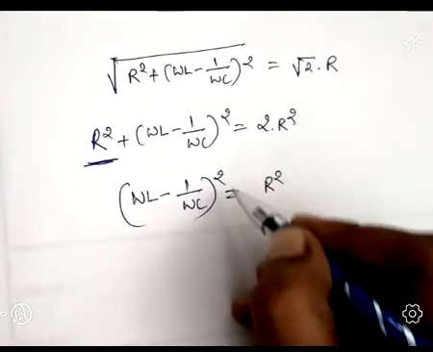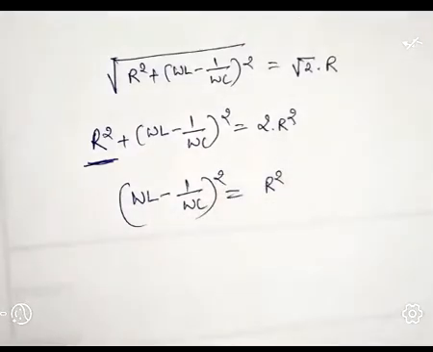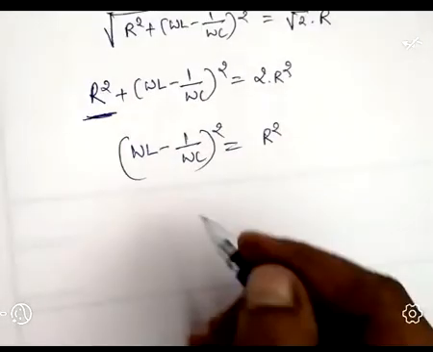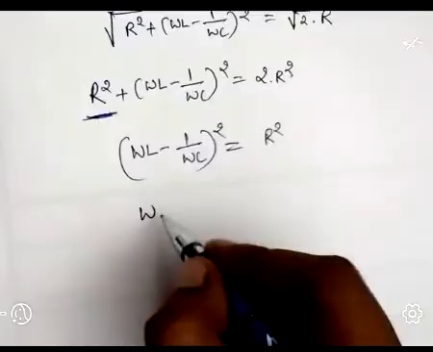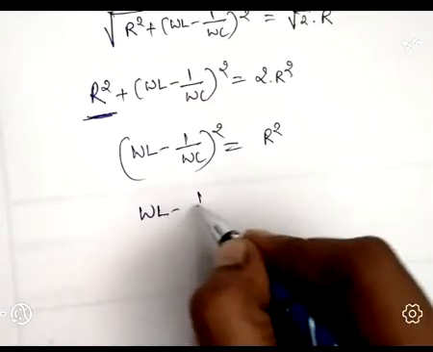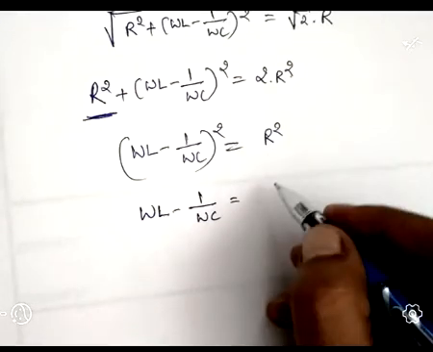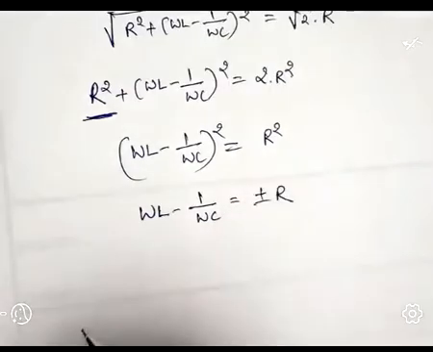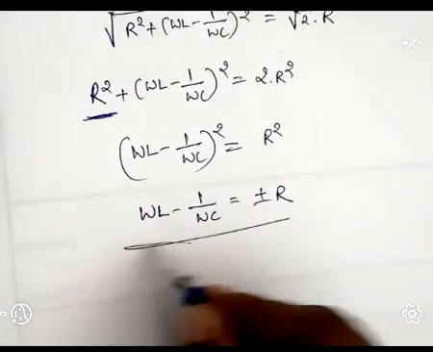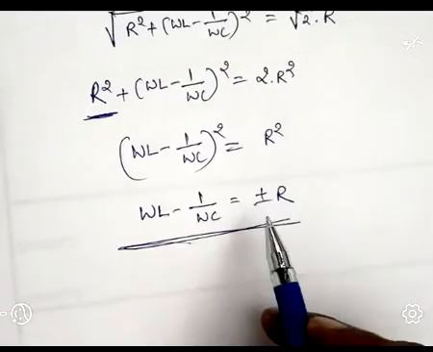Let us take square root on both sides: omega L minus 1 by omega C is equal to plus R or minus R.